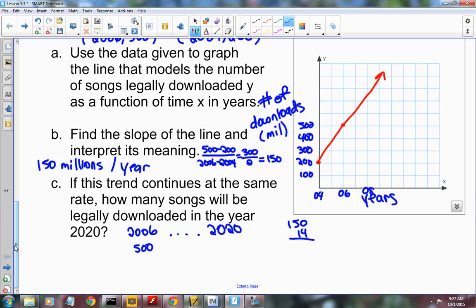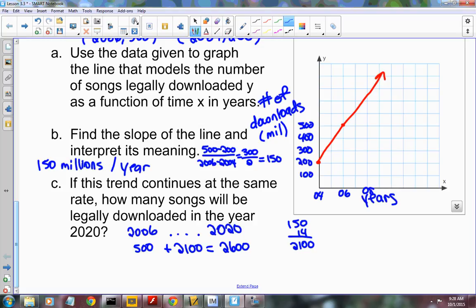2,000. 2,100? I think that's right. So that's 2,100, right? That's the increase, though. What did we start out with? 500, right? So we add this 2,100, and it ends up being 2,600. Is it 2,600 downloads?